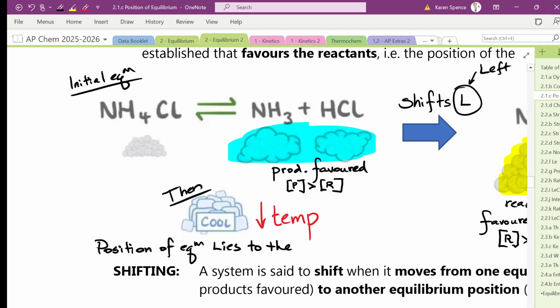Lies to the right. Okay, like I said, we're just getting this vocabulary. We're getting used to using it. The products are favored. The position of the equilibrium lies to the right. This is just another way of saying products are favored.